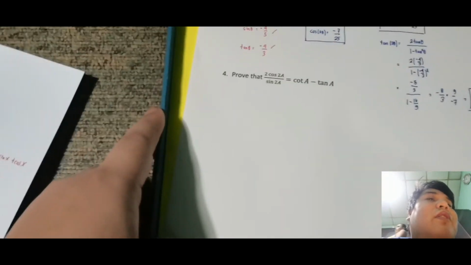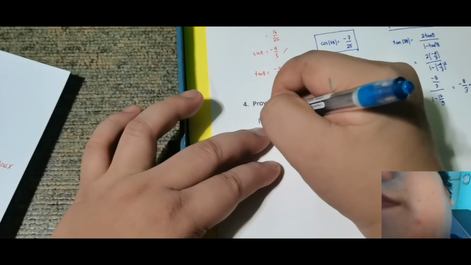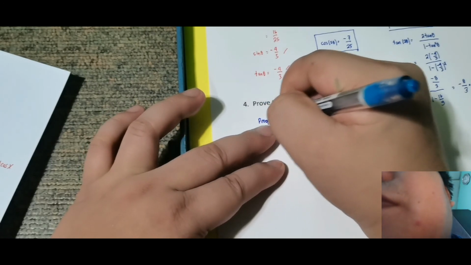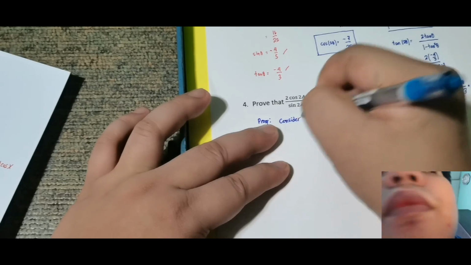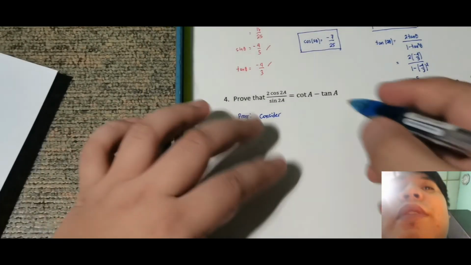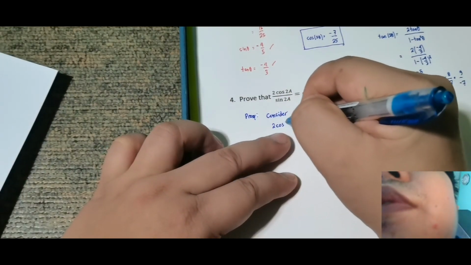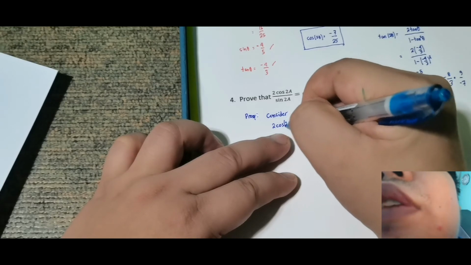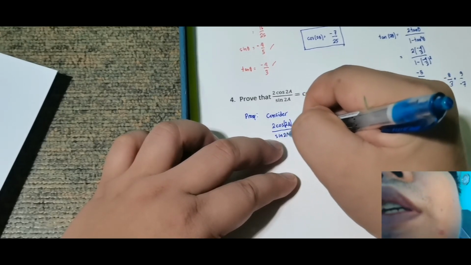So, ito yung proof. So, consider natin si 2 cosine 2a over sine 2a.